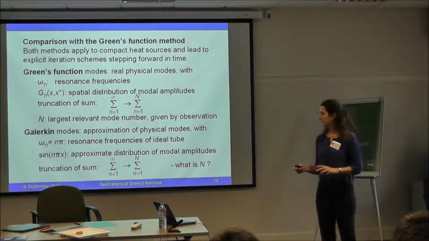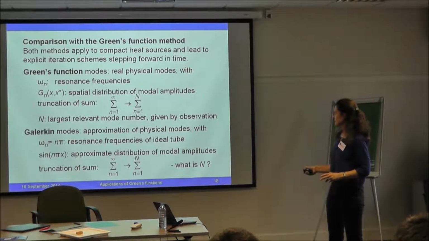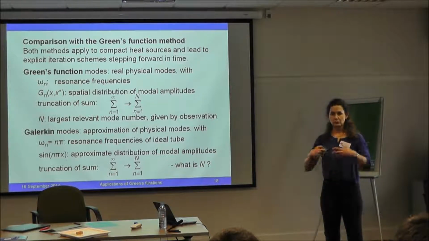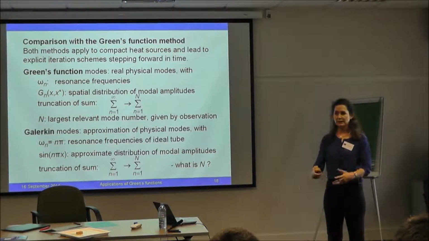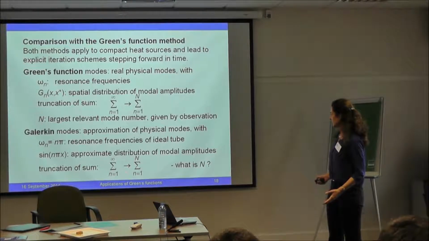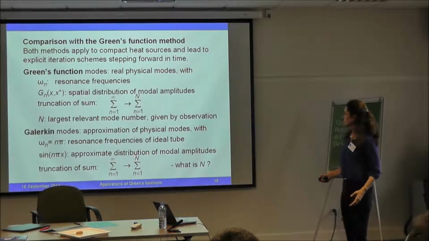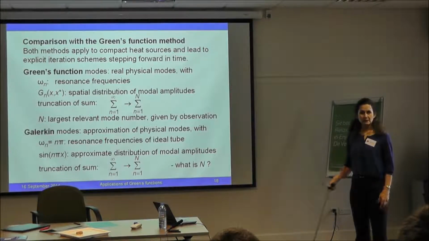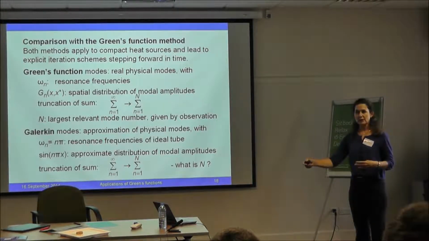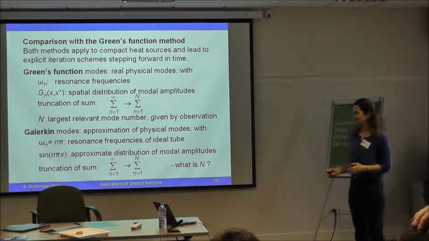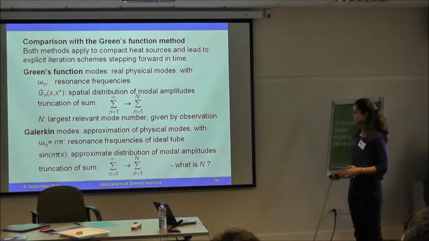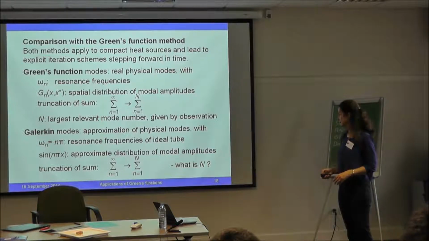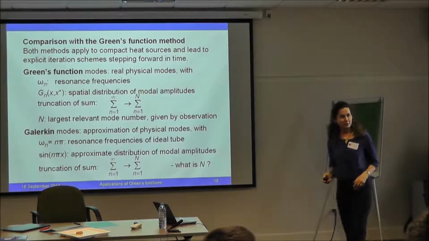So this link of the individual terms in the sum corresponding to particular modes in the resonator is lost, and therefore it's not so obvious what to choose for this upper limit n. In general, you have to go to rather higher numbers. I'm not quite sure what criteria there are to make sure that you have got enough modes included to get decent results. So maybe pay attention.